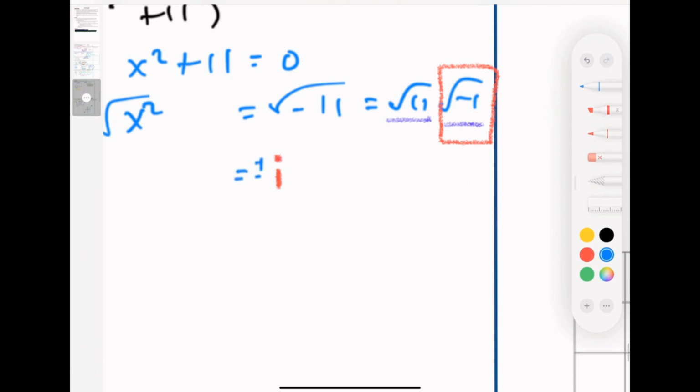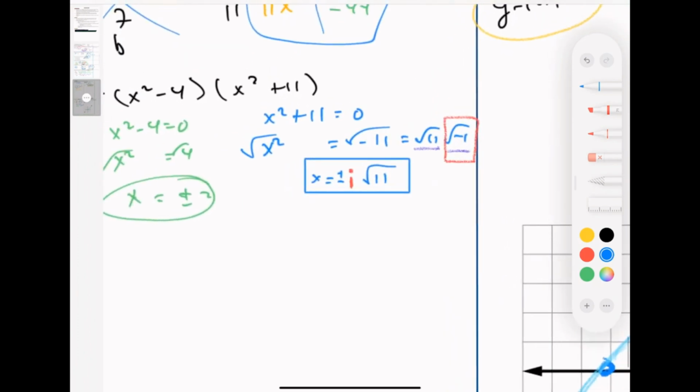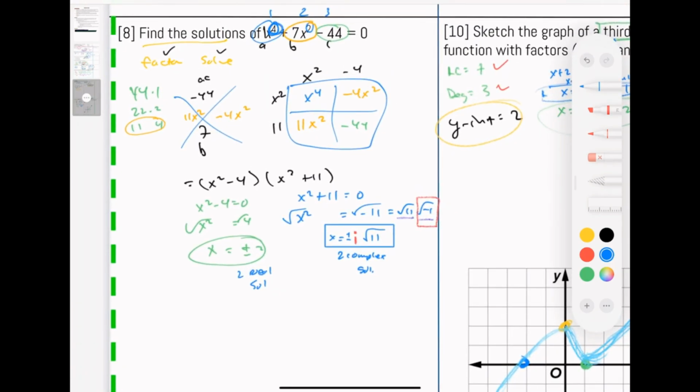And you'll have plus or minus i times the square root of 11. So you have x equals positive and negative 2, and x equals positive negative i radical 11. That's 2 complex solutions, and you have 2 real solutions. And that matches the 4 that you started with.